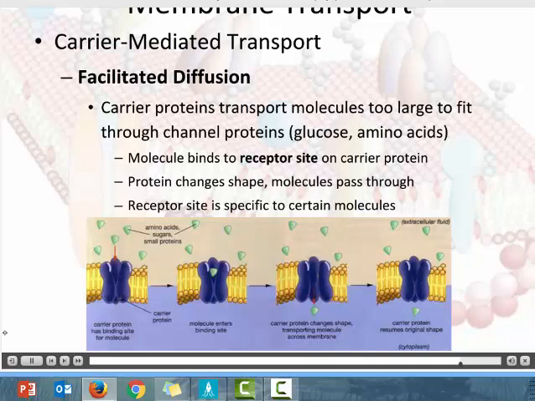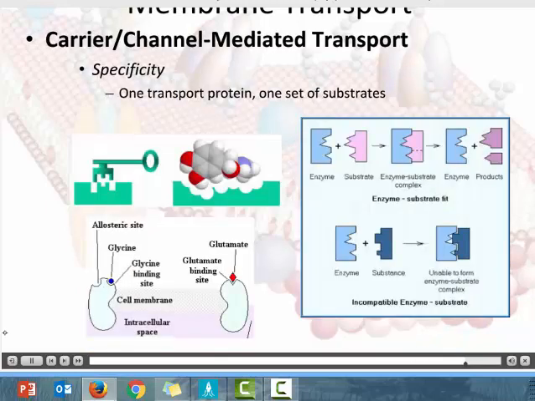Both channel proteins and carrier proteins need to be integral proteins, so they need to span the entire length of the membrane. Both of them are going to be material specific, so we are going to have a receptor site on our carrier protein that binds to a specific receptor.